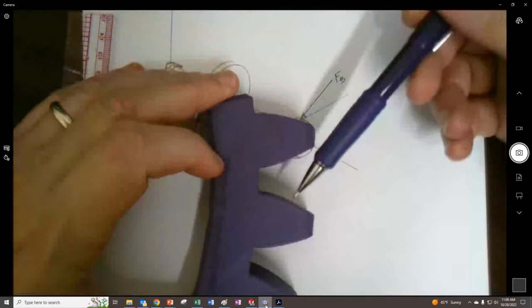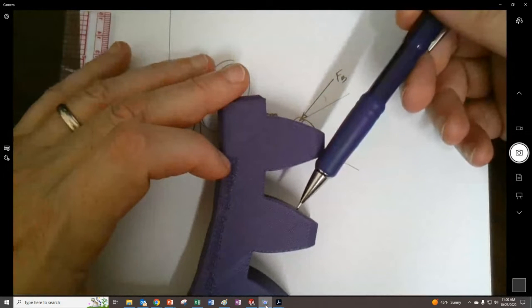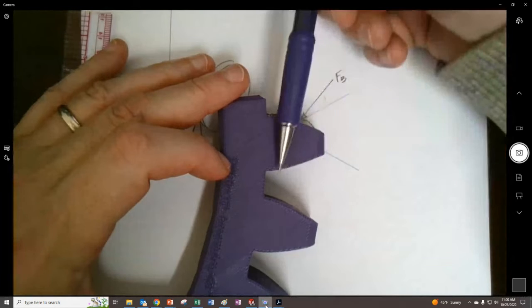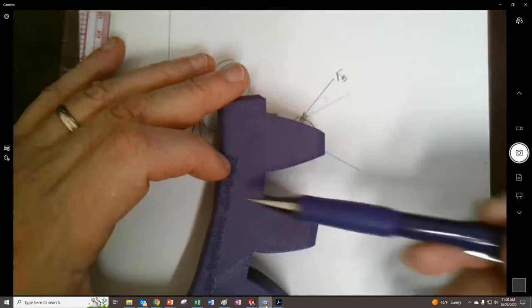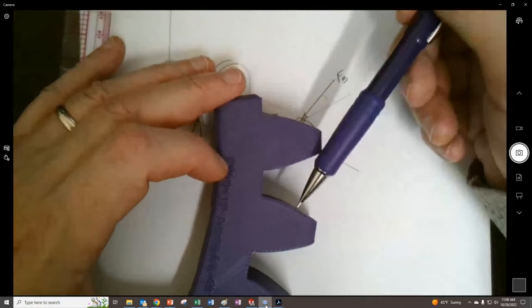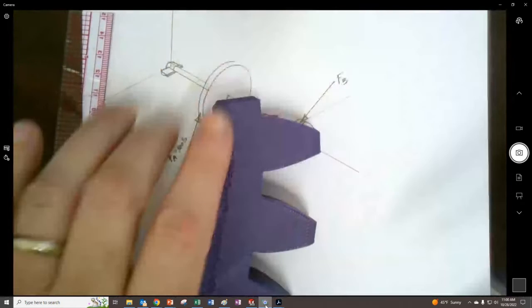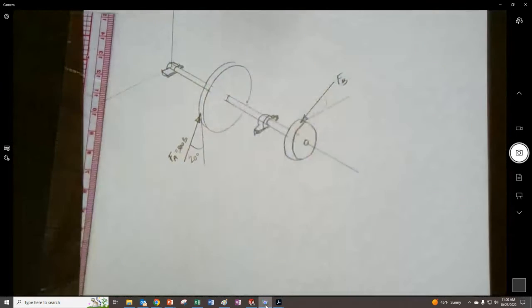You can see that the gear has to come in and be perpendicular to this gear surface right here. So that's why it's not this way. It always has a radial component. So this angle that would form between here is called the pressure angle.